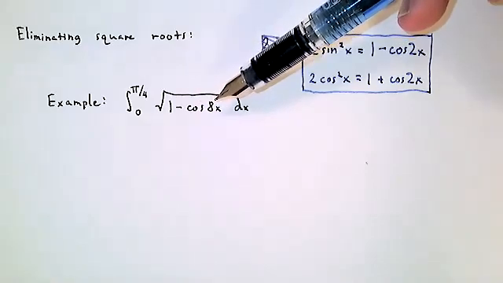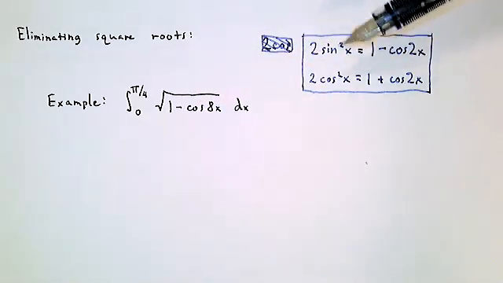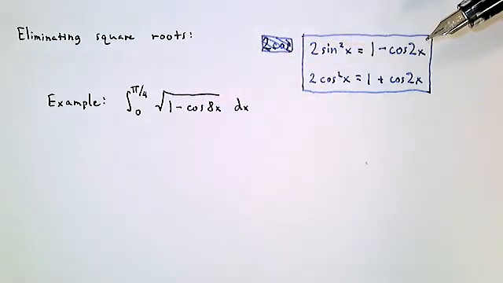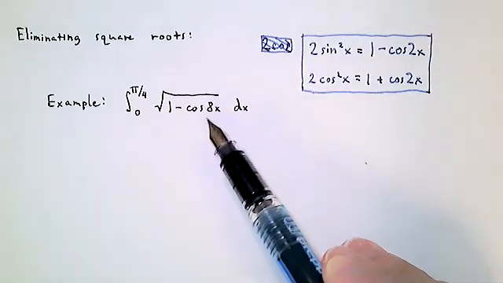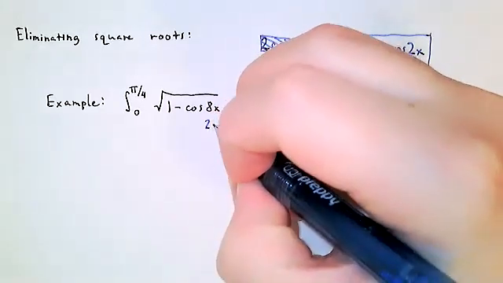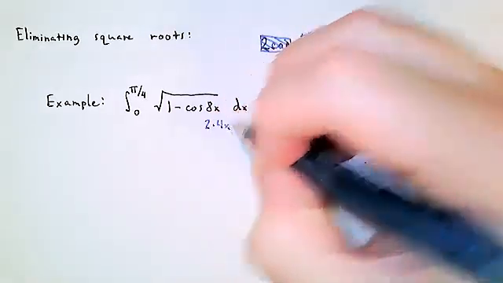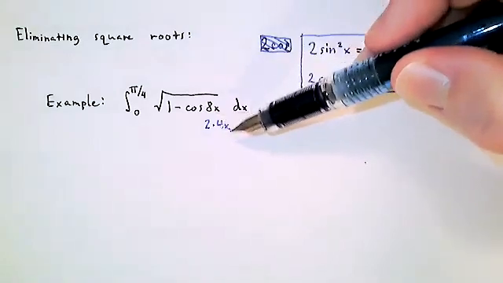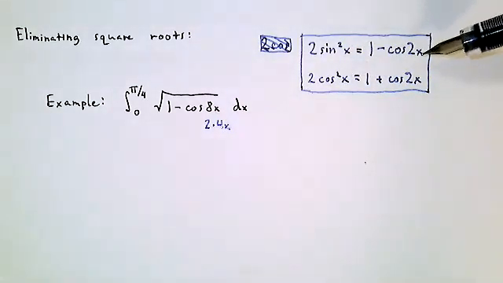We have a cosine of 8x, and in the formula, we have cosine of 2x. So we're going to have to think of this as being 2 times 4x. And 4x is going to play the role of x in the formula here.